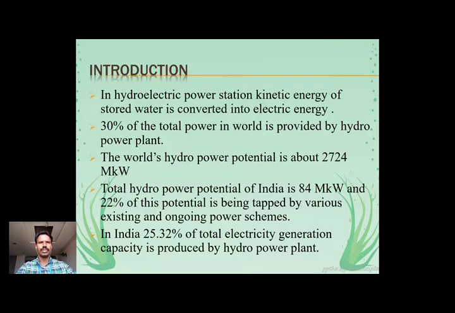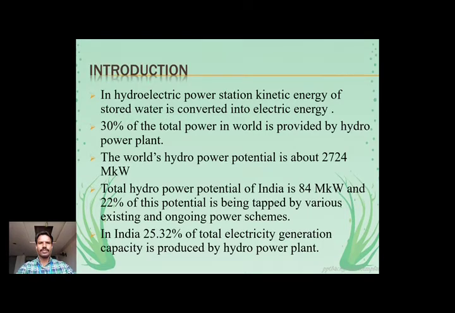First, the introduction. In a hydroelectric power station, water is stored, and its energy is converted with the help of a mechanical system into electrical energy. Around the world, 30% of total power is produced by hydroelectric power plants.